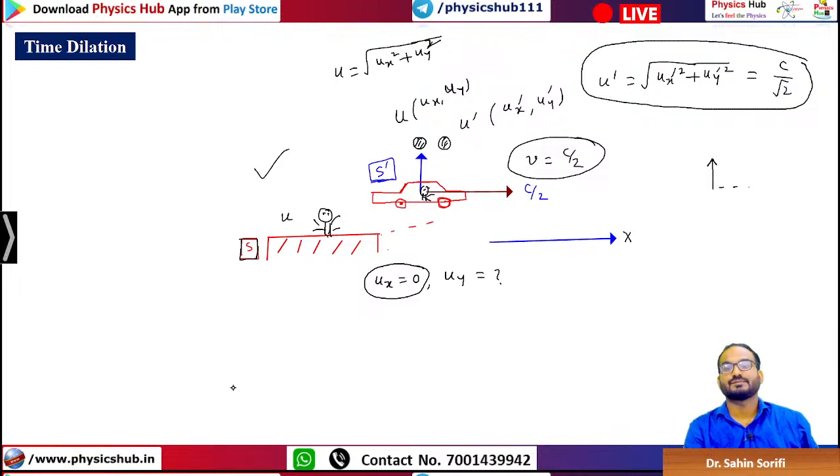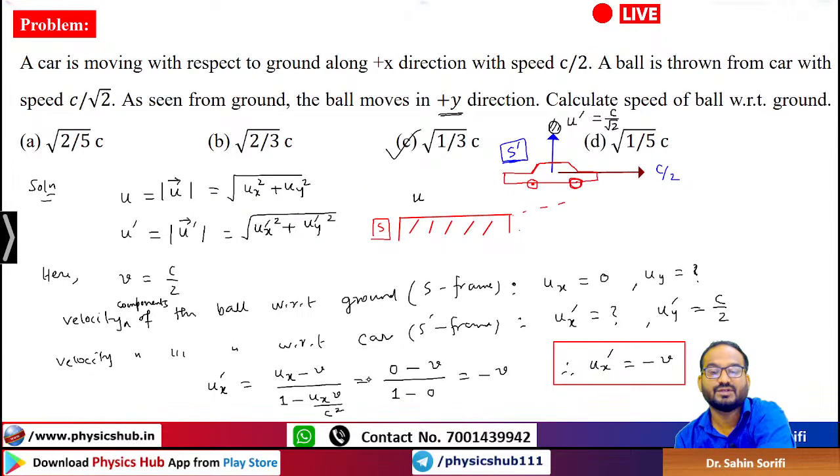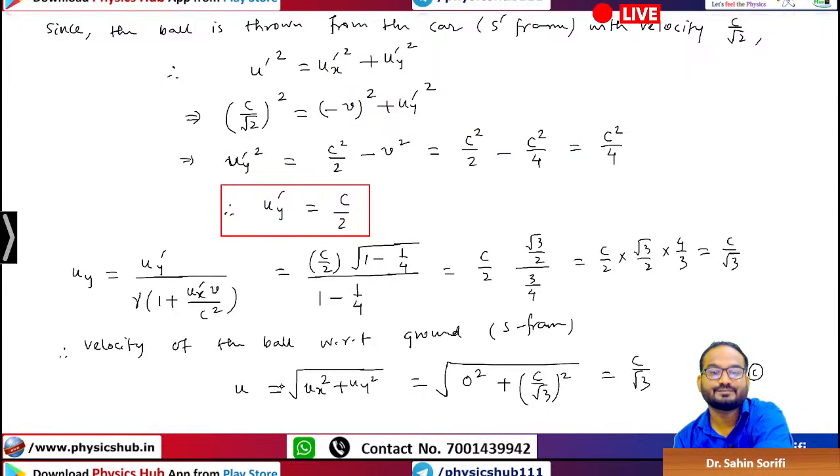This thing you have to find. So ux you already know, uy you do not know. To know uy, you need to find out the ux prime value, because in the formula of uy you will require ux prime.